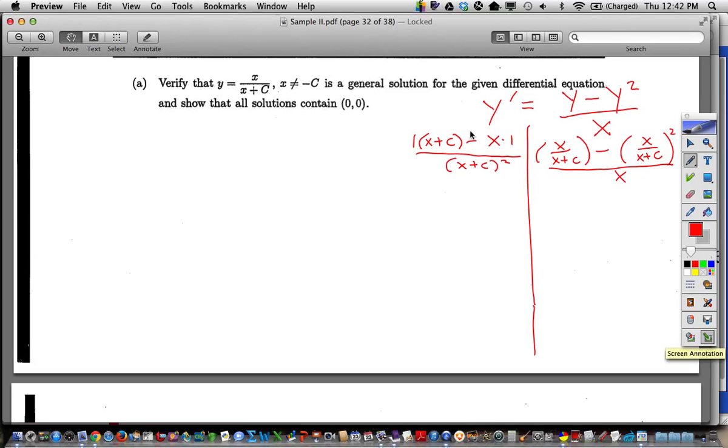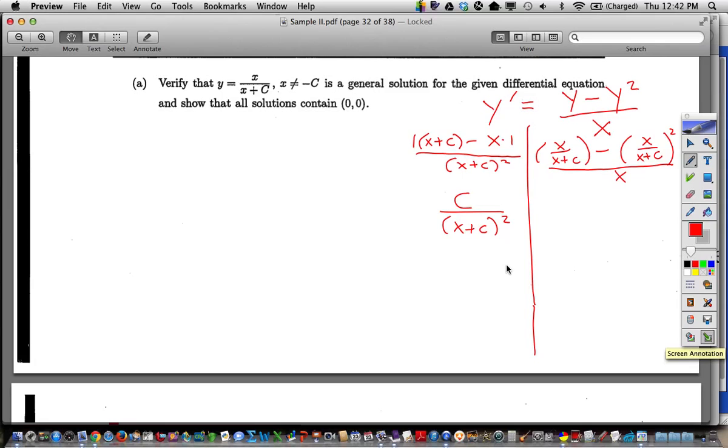Now I can simplify this a little bit. This is going to be x plus c minus x. So these x's are going to drop out. So c over x plus c squared. That's about all I can do there.